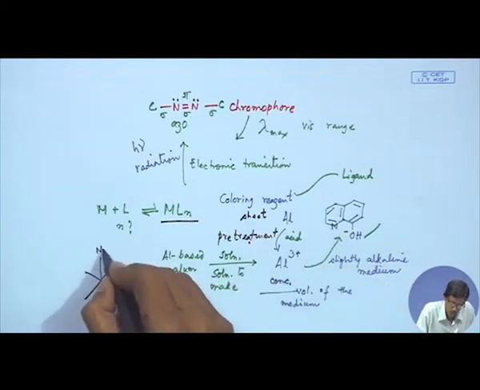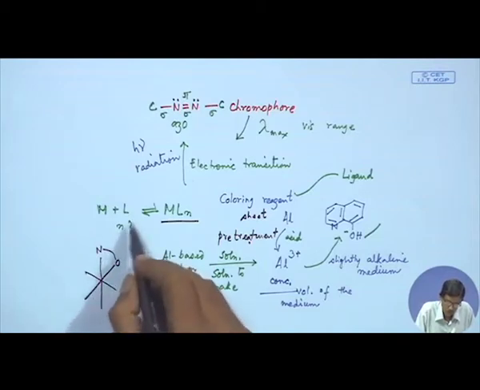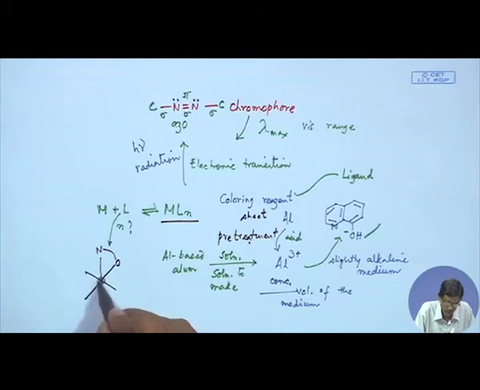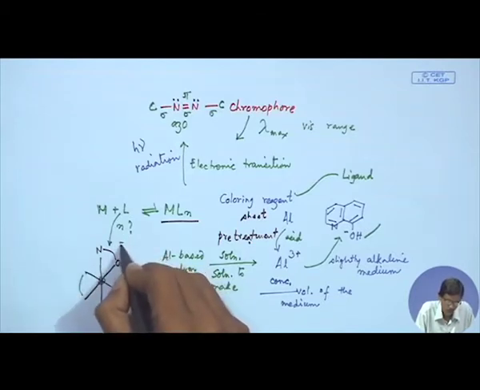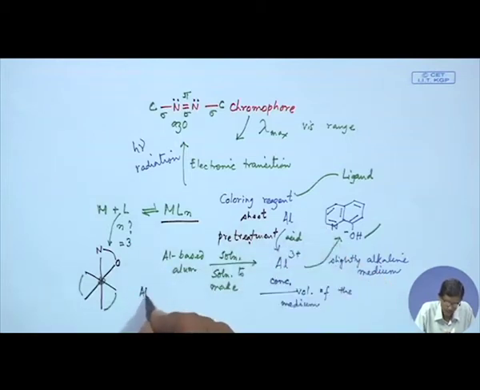So, one such binding is like this. This is one such ligand, so 1 L is binding to this aluminum center. Then the second one will bind two other positions and the third one will bind the other positions. So, your n value will be equal to 3 and we write this as Al, oxine as OX.